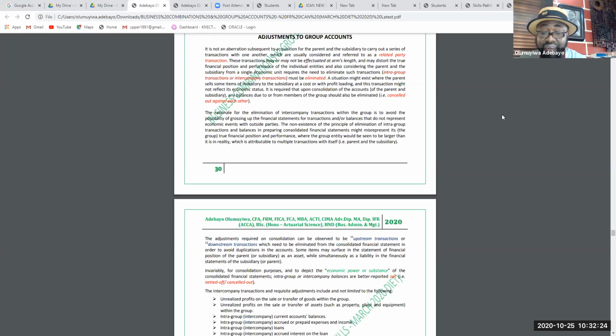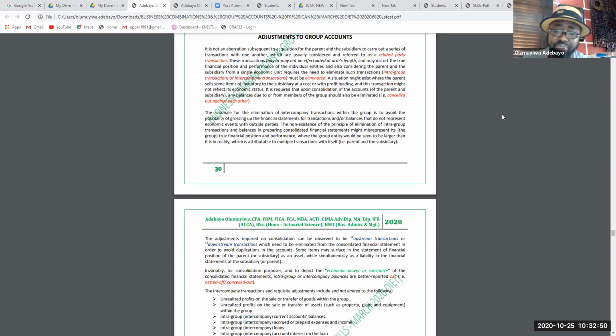Also, the subsidiary might have a payable to the parent, similar to payables to other vendors. This means we now have a concern: part of my receivable as a parent includes that of my subsidiary. Similarly, the subsidiary has a concern that part of its payable includes payable to its parent.